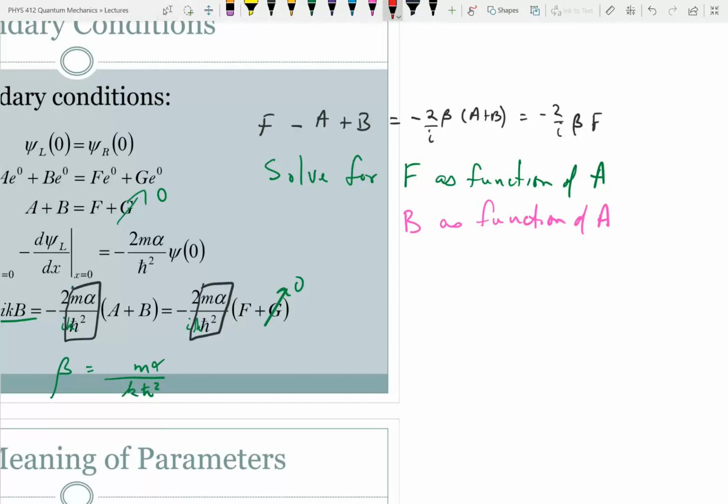For where it's F minus A plus B? Plug in A plus B for F itself. That's right.